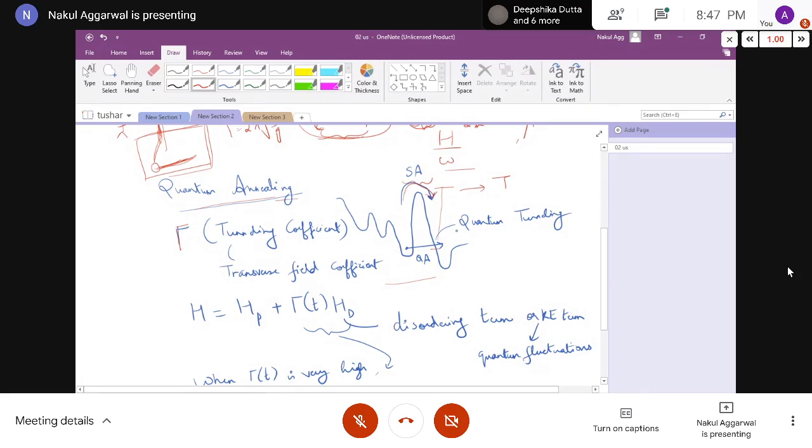Quantum annealing makes use of quantum tunneling, something which is not available to us in simulated annealing. I will not go into the details of quantum tunneling, but an introductory course on quantum mechanics usually deals with quantum tunneling very quickly. So you know that you do not have the energy to cross this barrier. Classically, there is no chance to cross this barrier, right?